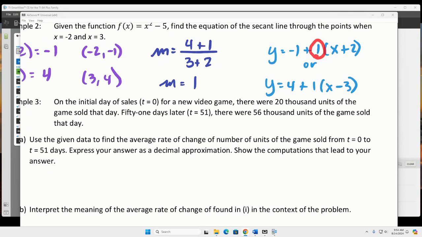So you can leave out, if that slope is 1, you don't have to write it. I just wanted to write it just till you get really comfortable with this. All right, and you only have to write one of these. So when you go to check your answers, I'm going to write both just so you can make sure you're right, but you only have to have one equation. They're both perfect. All right, so what questions do you guys have so far?